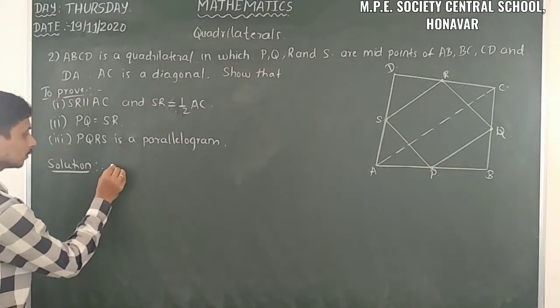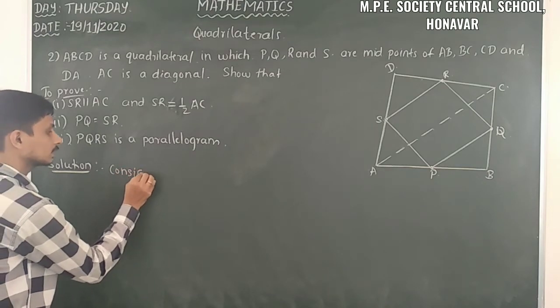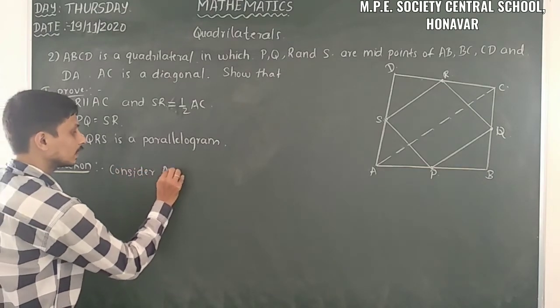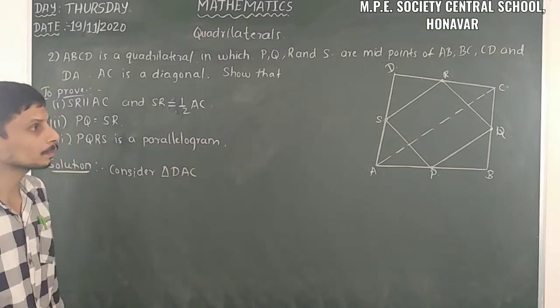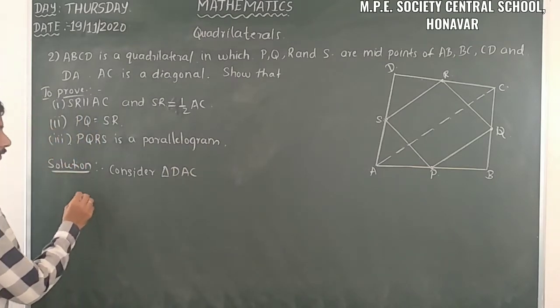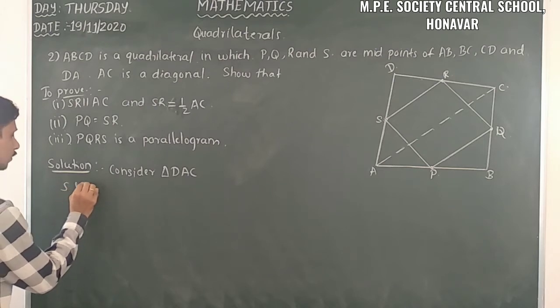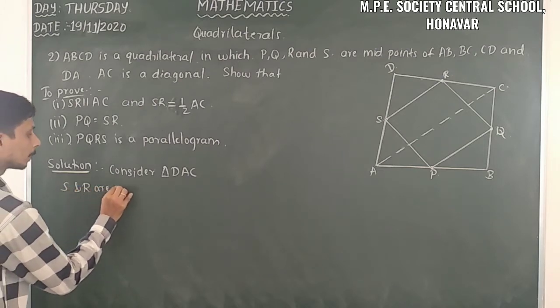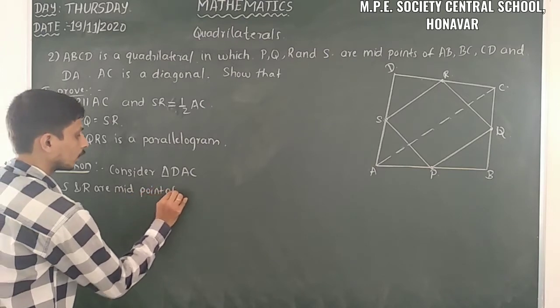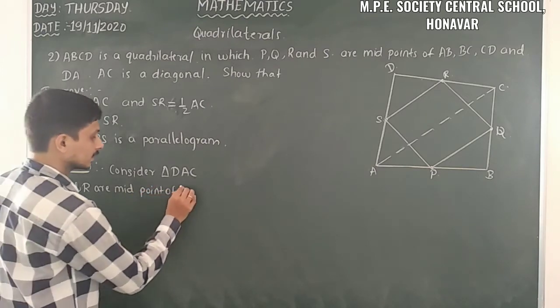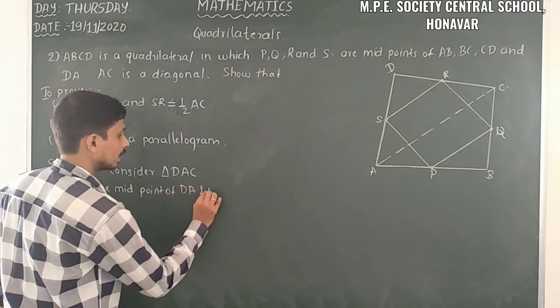So consider triangle DAC. In triangle DAC, S and R are the midpoints of DA and DC.